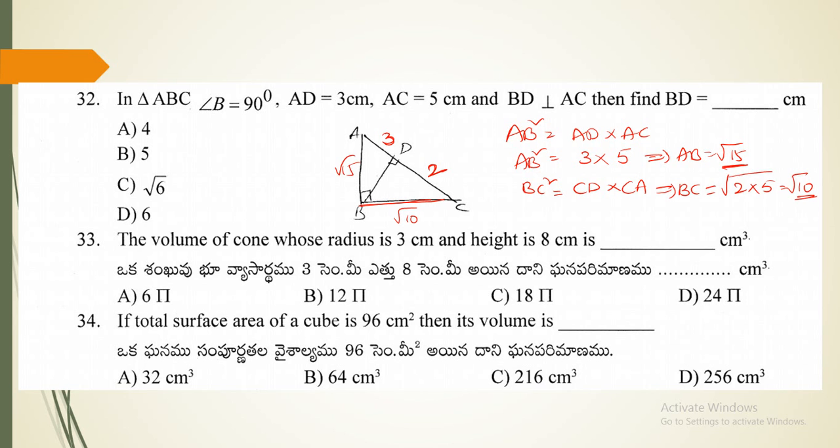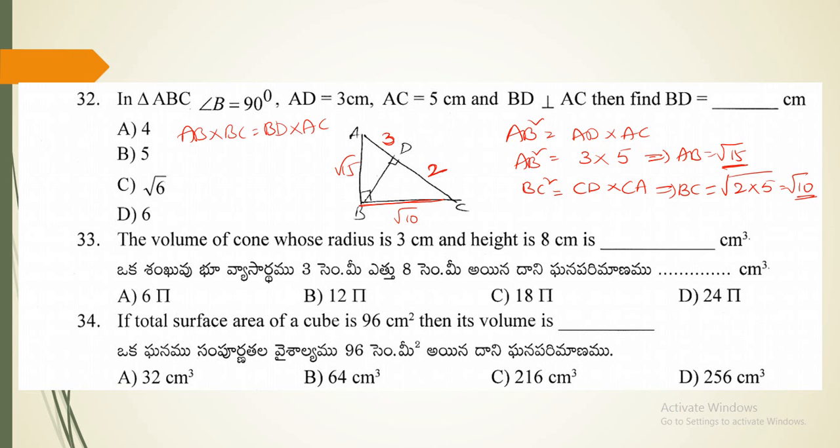Now using the concept of 1 by P square is equal to 1 by A square plus 1 by B square, we already know the result, right? Or simply we can make use of PC is equal to AB. So AB into BC is equal to BD into AC, right?